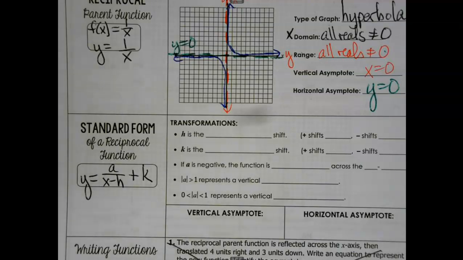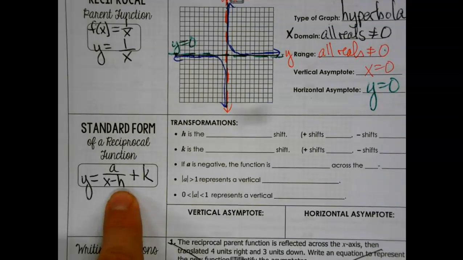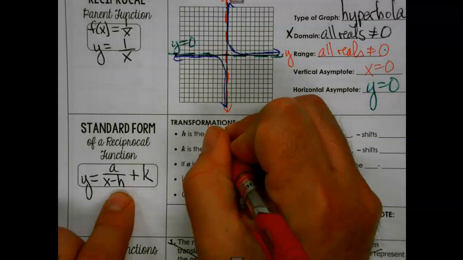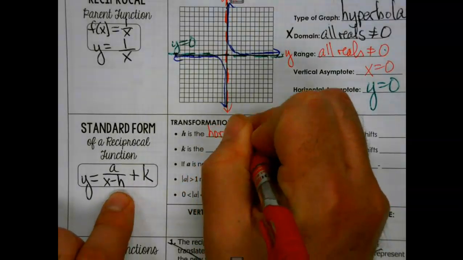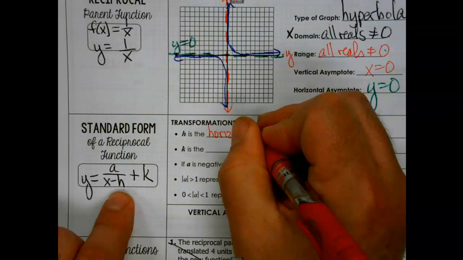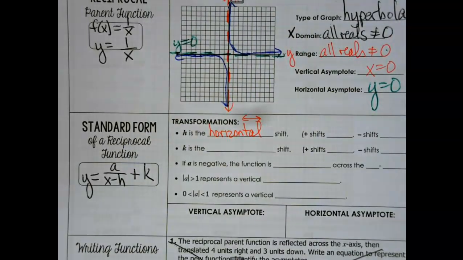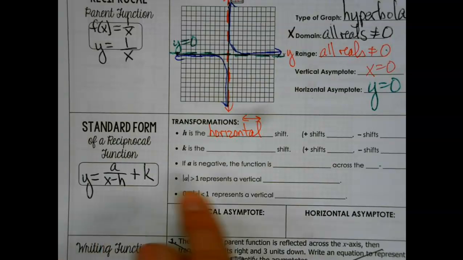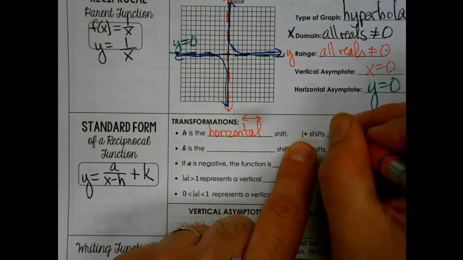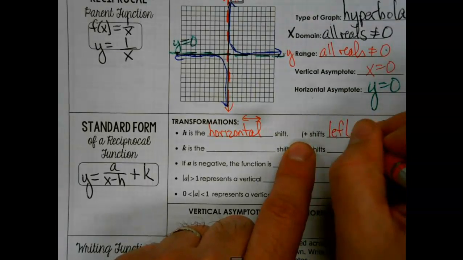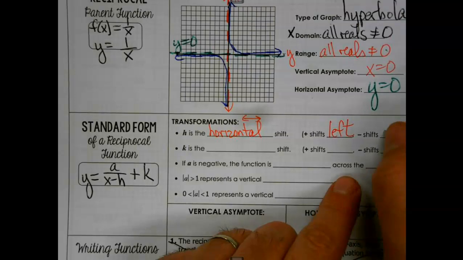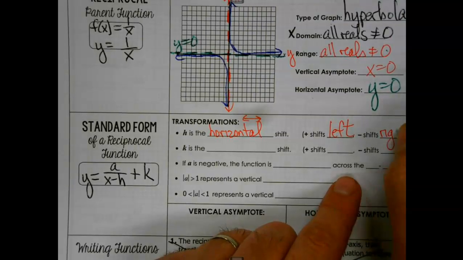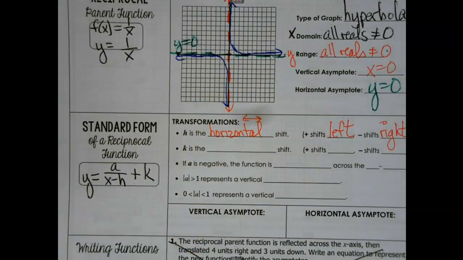So we're going to start with H, this value right here. H is going to be your horizontal, your side-to-side shift. So this H, when it's positive, when it's plus, it shifts left. And when it's minus, it shifts right.